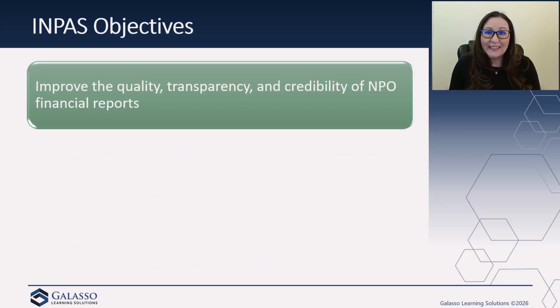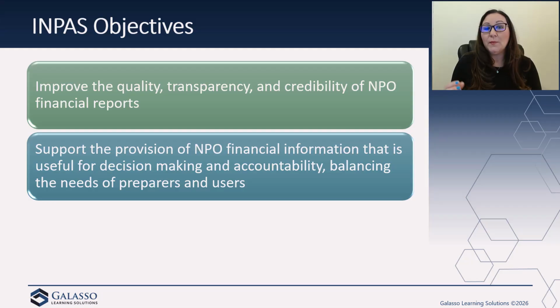The first one is to improve the quality, the transparency, and credibility of the nonprofit organization's financial reports. So being able to look at one and then at another nonprofit organization, seeing that consistency and being able to really compare the two. This also supports the provision of nonprofit financial statements that are useful for decision making and accountability, balancing the needs of preparers and users.